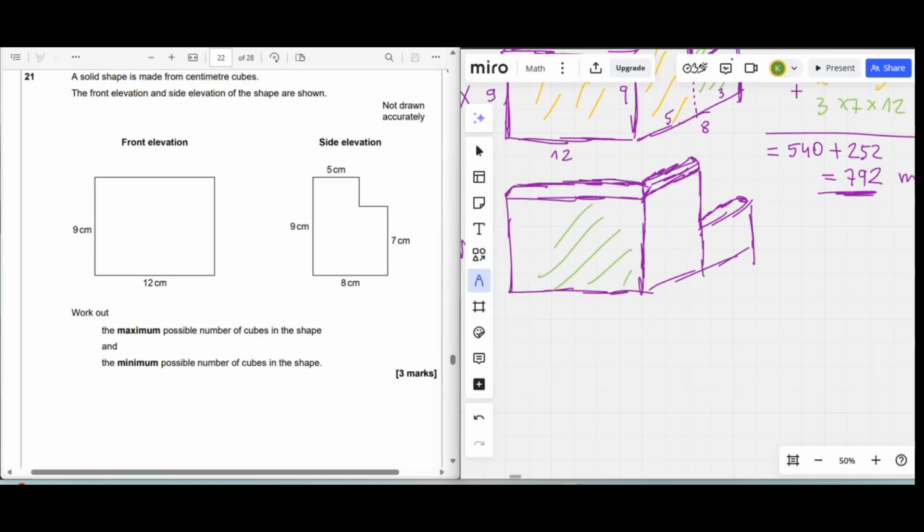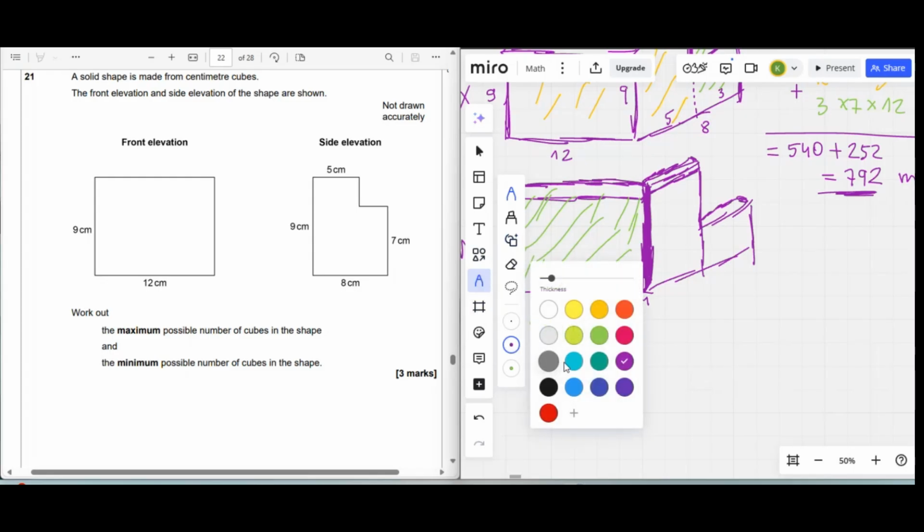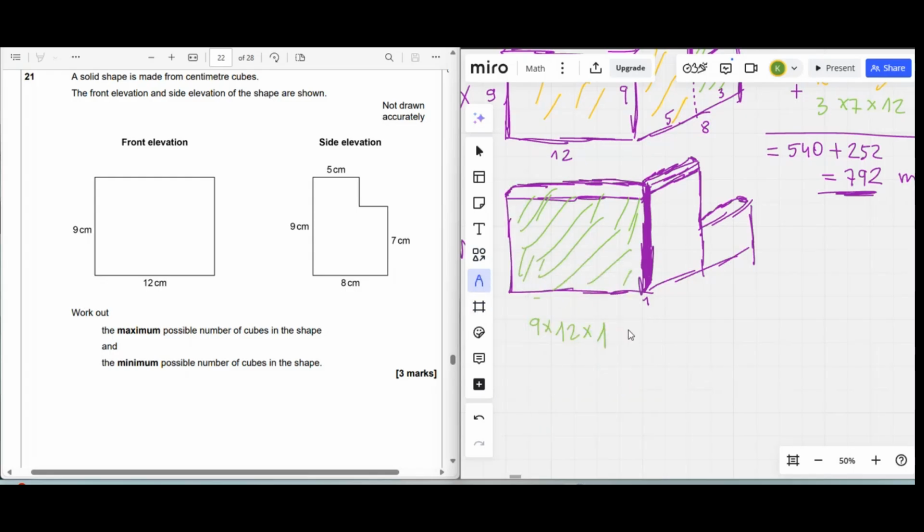That first block is this one, and this block is 9 height, 12 length, and the third is 1 there, because our wall is just 1 cube long or width, times 1.